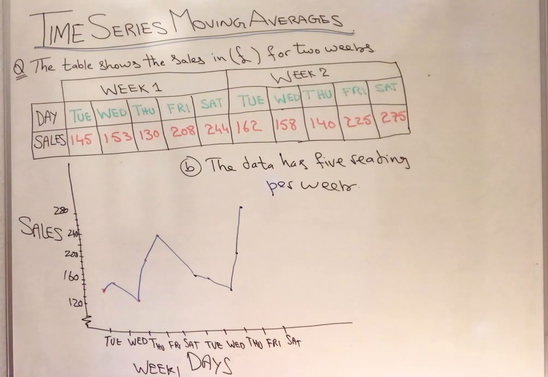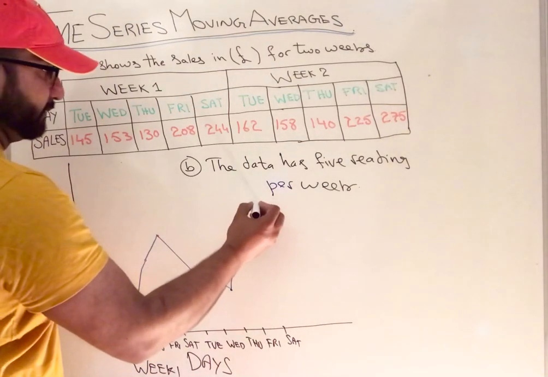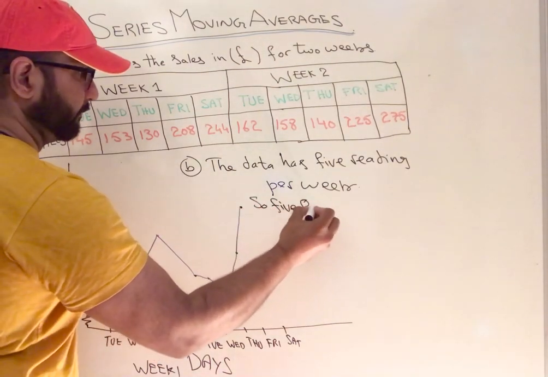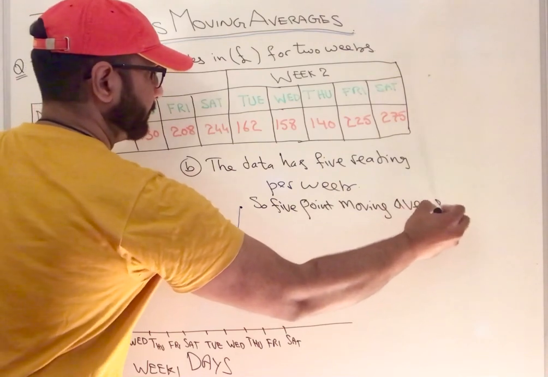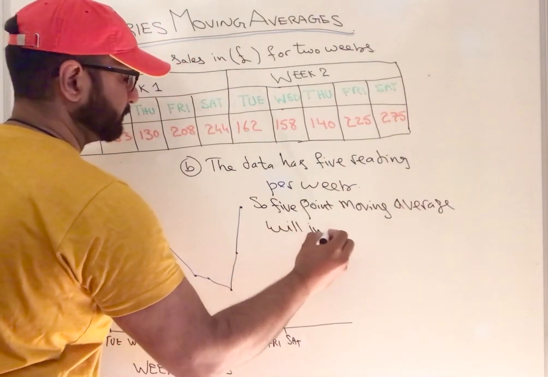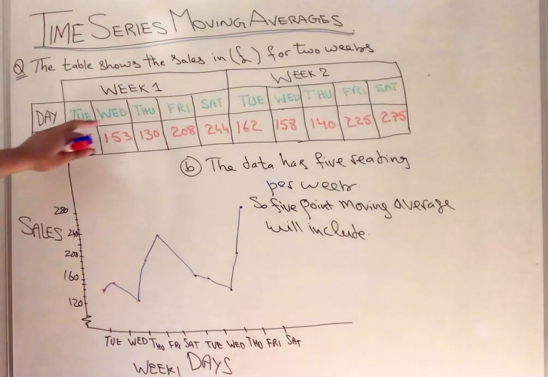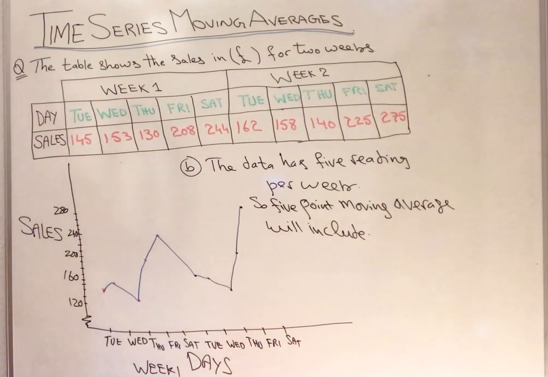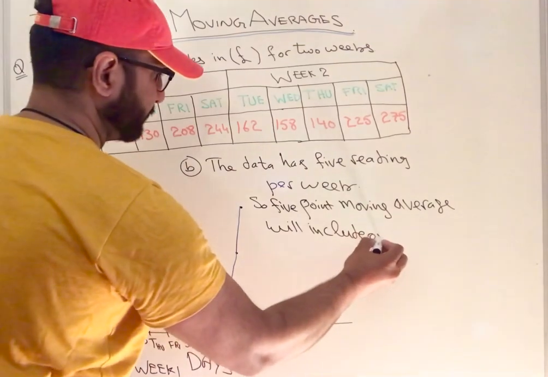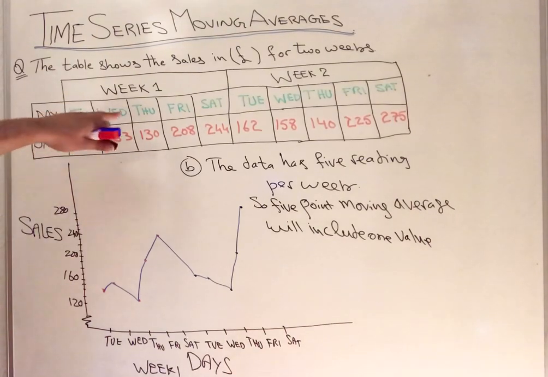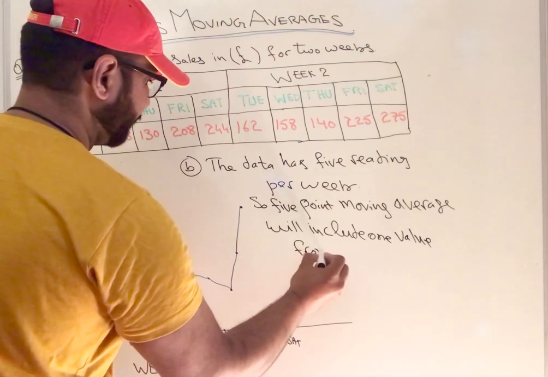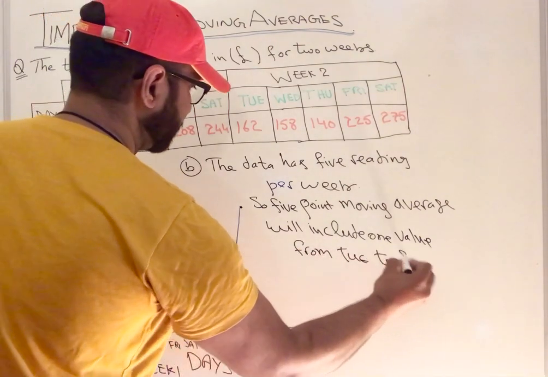So the 5 point moving average includes one value from each day, Tuesday to Saturday.